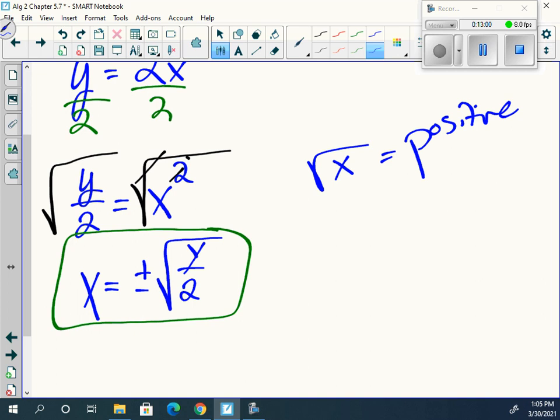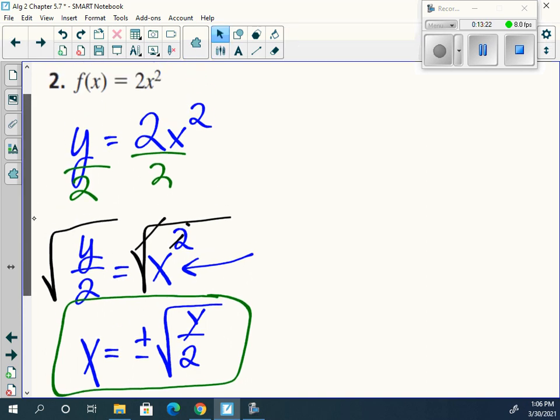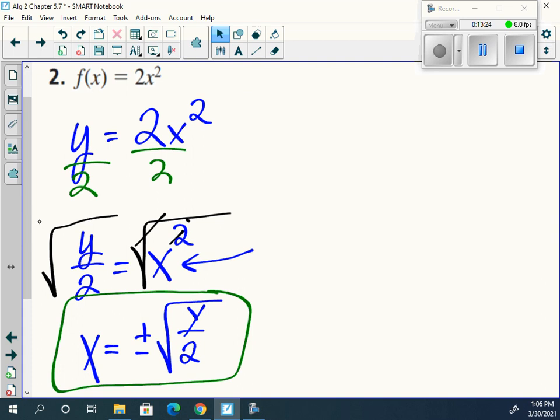But when we're taking the square root, what goes inside can be positive or negative, because when it's squared, it can be positive or negative. But the square root itself has to be positive. So there's a slight difference between those two. Any questions on how we got x is equal to plus or minus the square root of y over 2?